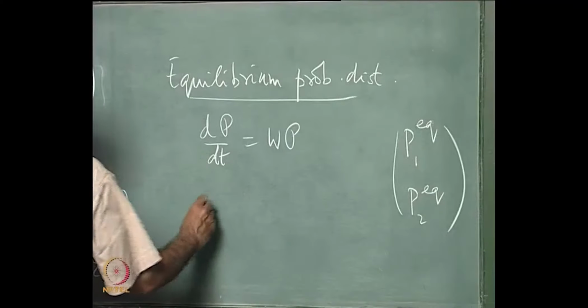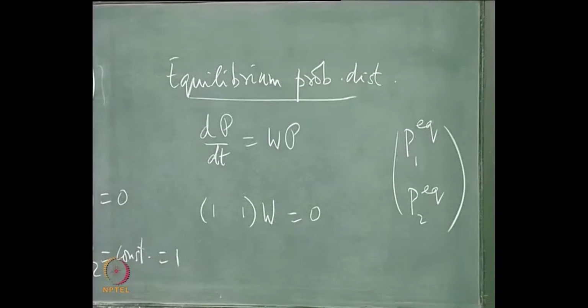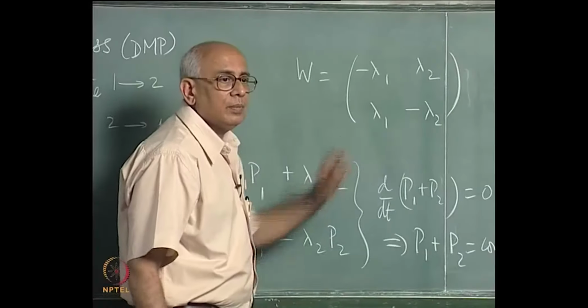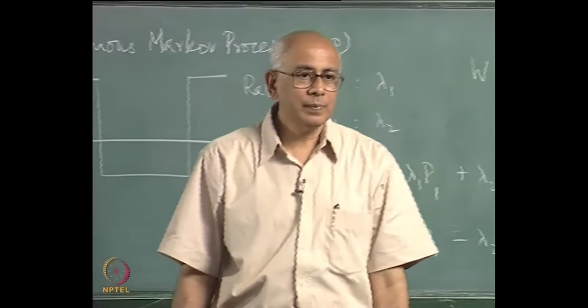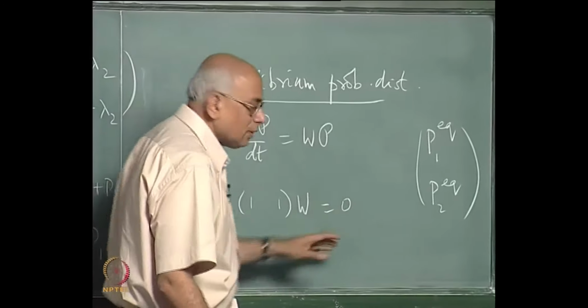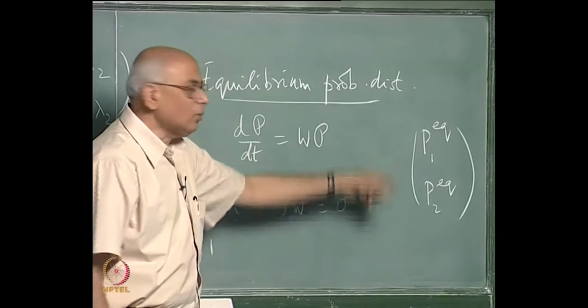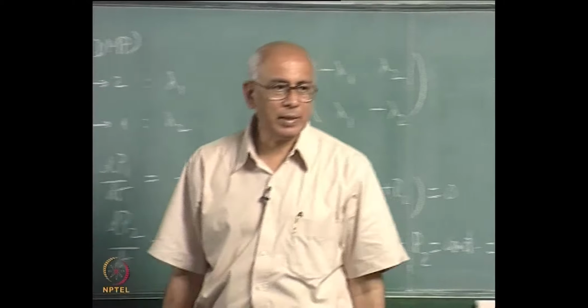So if I took this 1 1 and operated with W on this side, I get 0. That is because the sum of each column is equal to 0. So what I want is the corresponding ket vector, the right eigenvector corresponding to this 0, and that would give me the equilibrium values out there.